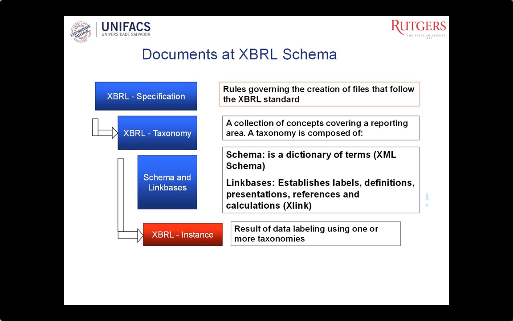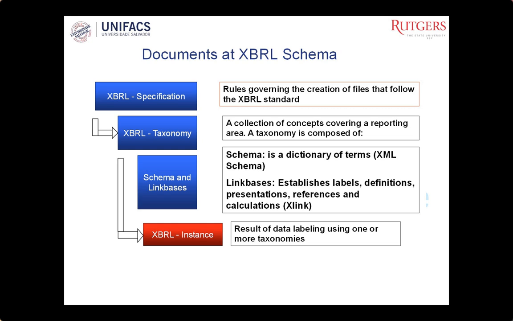A taxonomy is composed of schemas and linkbases. Schema is a dictionary of terms. Linkbase establishes labels, definitions, presentation, reference, and calculation. It's based on XLink. So for one term defined by the schema, we can construct labels, for example, in Portuguese, in English, in Japanese, in Chinese, in any idiom, any language.